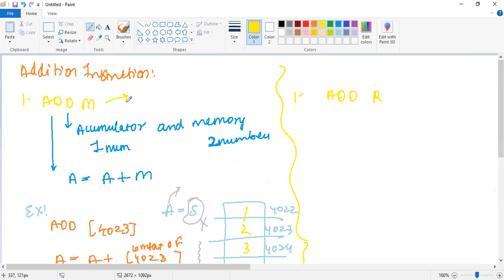This is direct, because we are directly giving the address. This used to come in exams. Very simple, but if you don't know the concept, then you won't be able to answer. Now ADD R. ADD R means the same: one is in the accumulator.